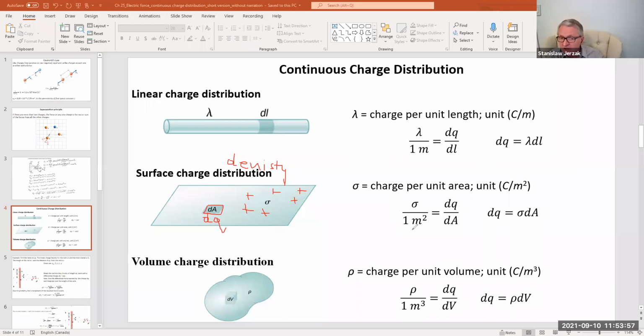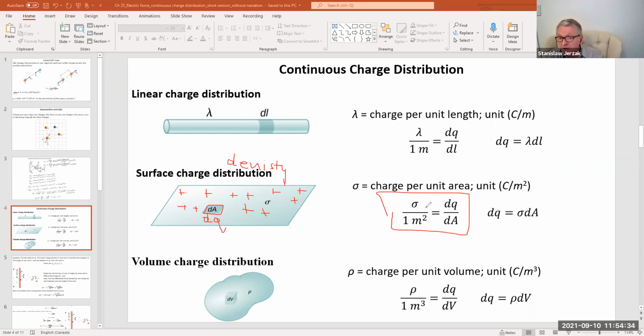You can find this from a proportion: if sigma is the amount of charge on 1 meter square, then the charge density on area dA would be dq divided by dA, because dq is the amount of charge on that tiny area dA. This proportion is true if the distribution of the charge on that surface is uniform, and in most cases we will deal with uniform distribution of charge on the surface.